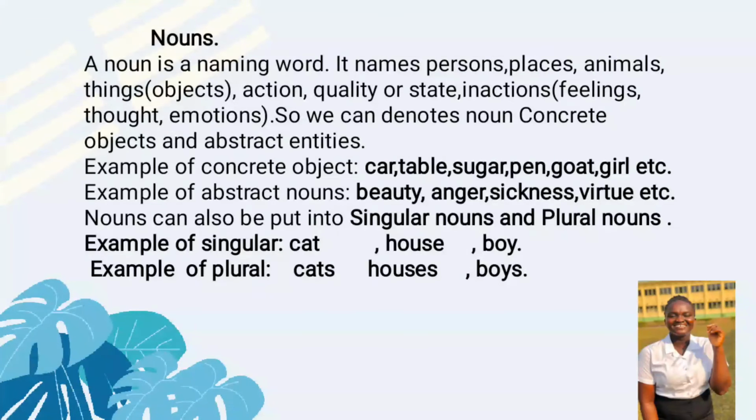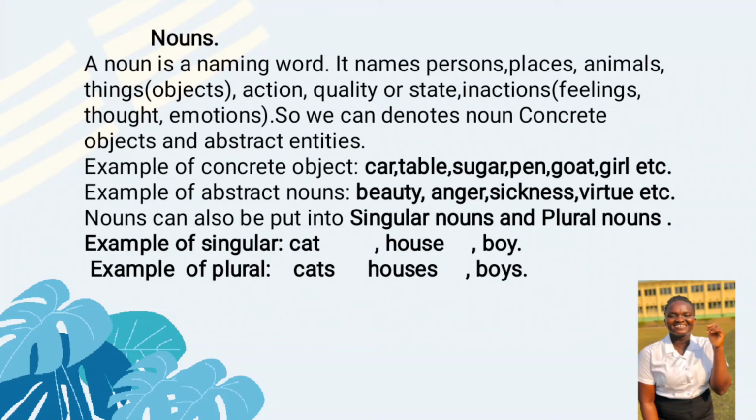A noun is a naming word. It names persons, places, animals, things that are objects, actions, quality or state, and also feelings, thoughts, emotions. So we can denote nouns as concrete objects and abstract entities.